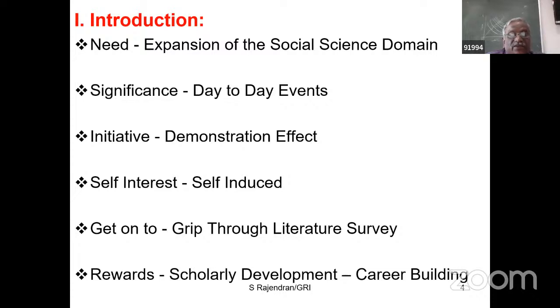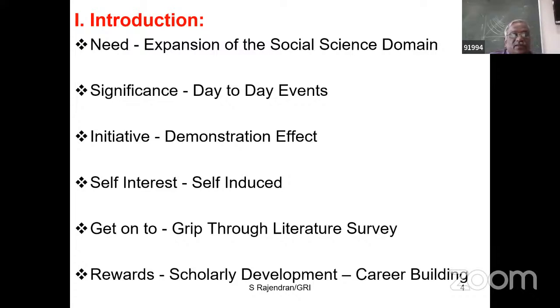Followed by that, you must also have your own self-interest, self-perpetuated interest. There must be a light in you which should be ignited for taking forward social science research.